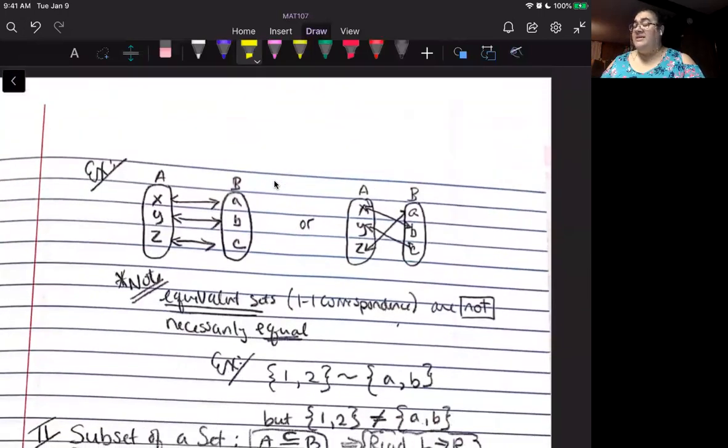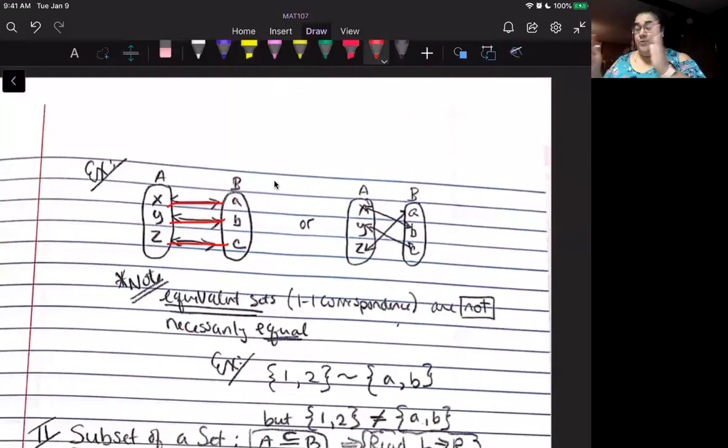So if we define set A as a set that includes letters X, Y, and Z, and we define set B as a set that includes letters A, B, and C, we can note that we do indeed have one-to-one correspondence. They are not equal to each other because they do not contain the same elements.